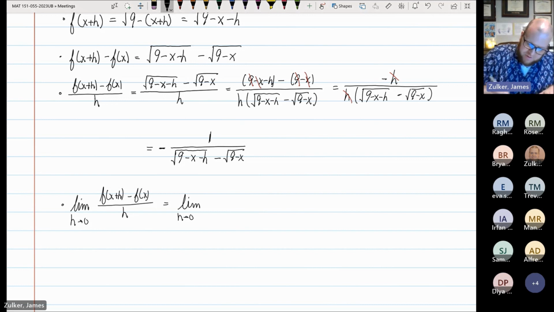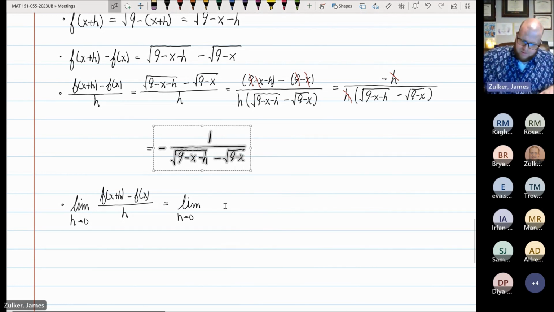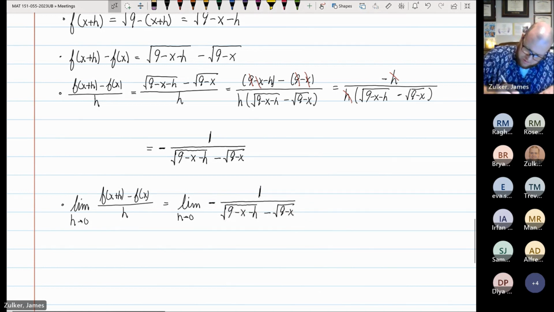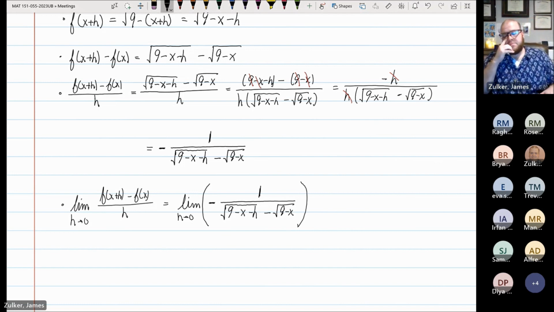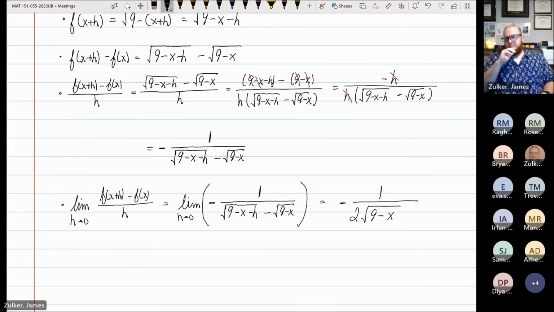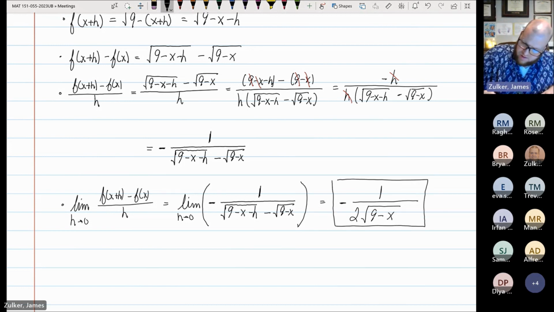Pass it through the limit as h goes to 0. Right, and this is what we get as our derivative.